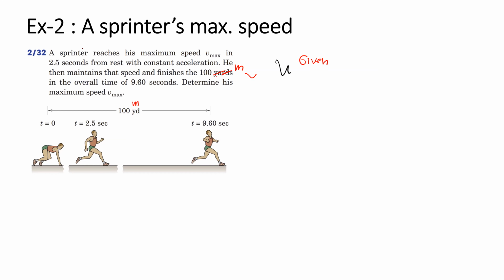a sprinter reached their maximum speed. Wow, the maximum speed also in inch per, oh no, I'm sorry. Okay, they reached the maximum speed in 2.5 seconds, and they start from rest with a constant acceleration.